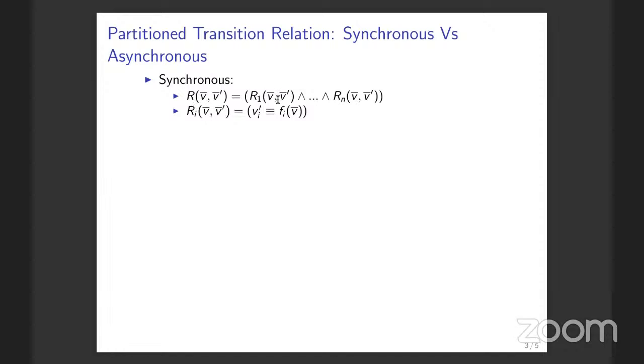That is, the hope is that these individual R1 through Rn might be smaller than what you get by taking the conjunction of these operations and then doing the operation of existential quantification over R. Instead, can you do it without?